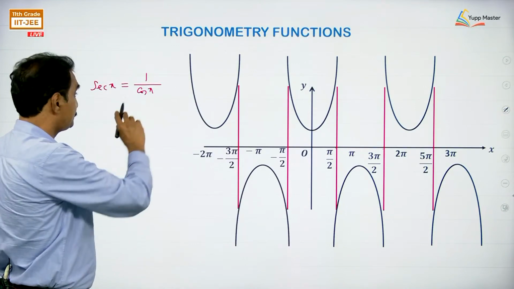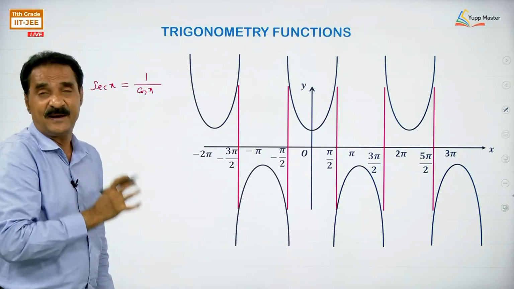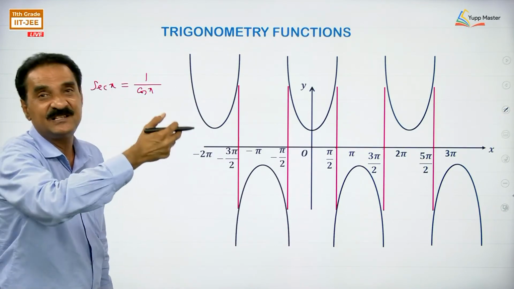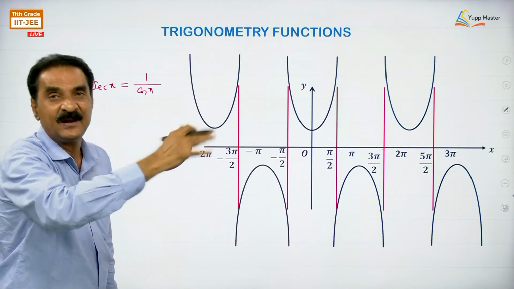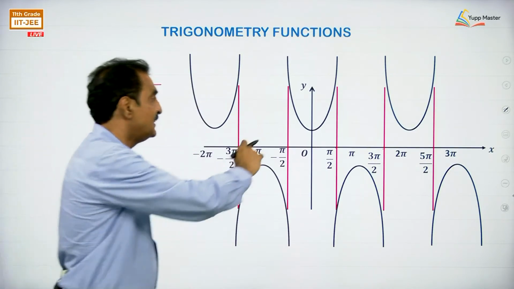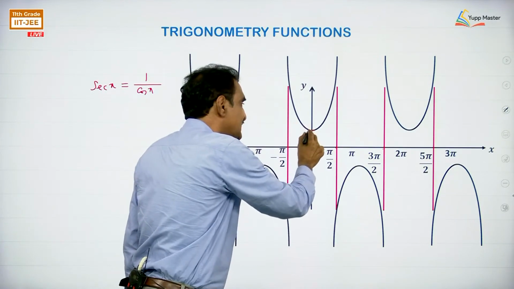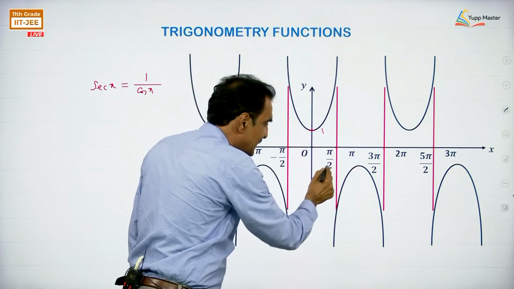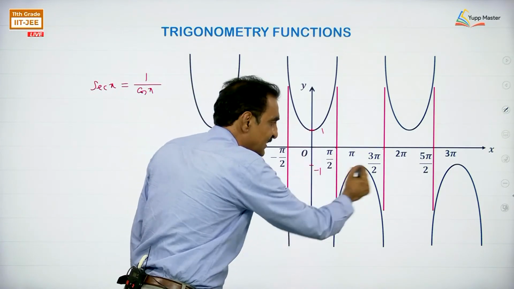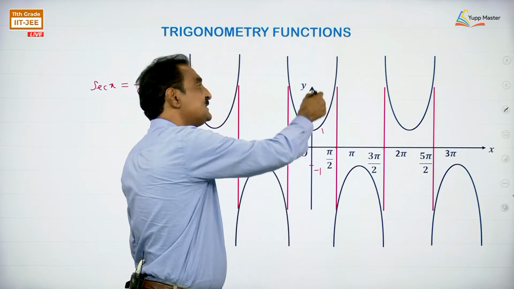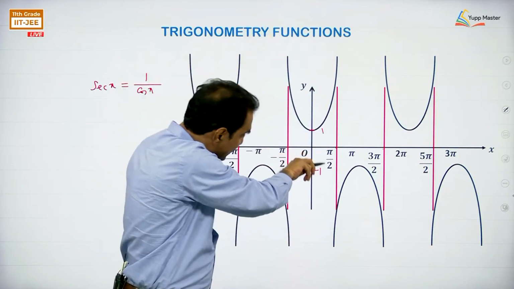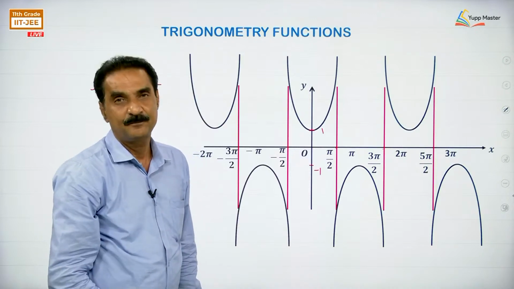And cos x always lies between minus 1 and plus 1. So, taking reciprocal, they will never lie between minus 1 and plus 1. The value of secant x, this is 1, and this point will be minus 1. It is always greater than or equal to 1 or less than or equal to minus 1.